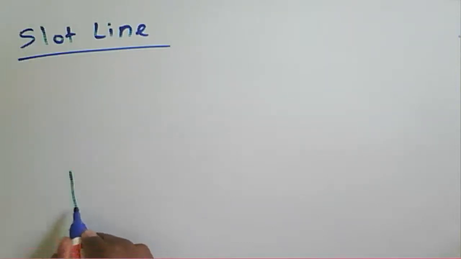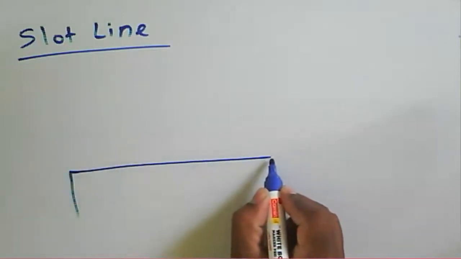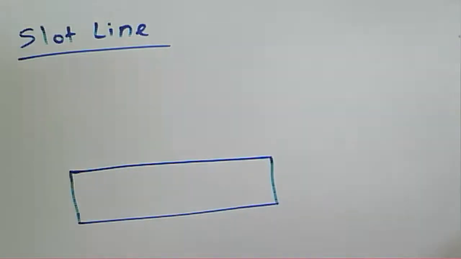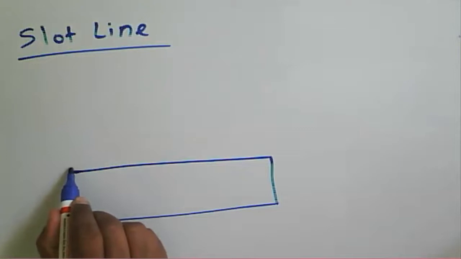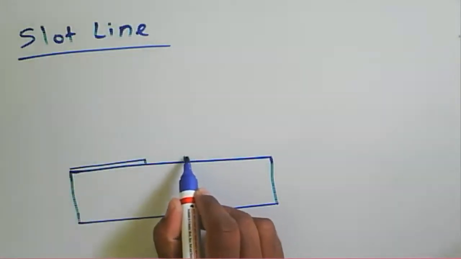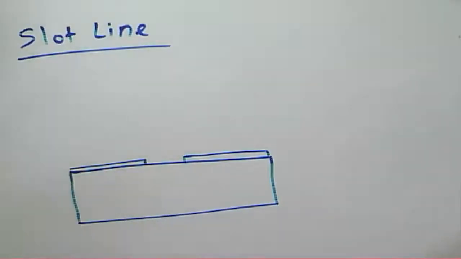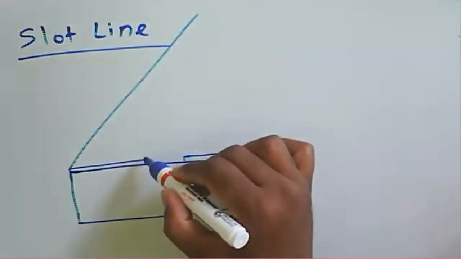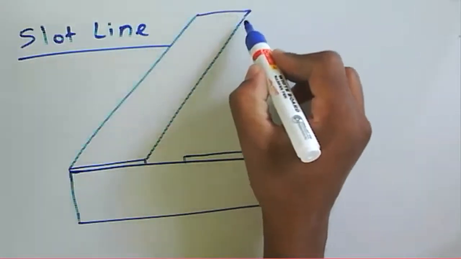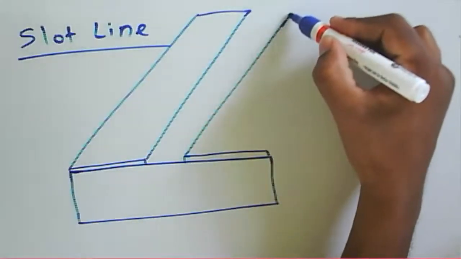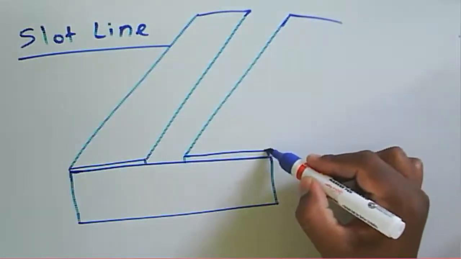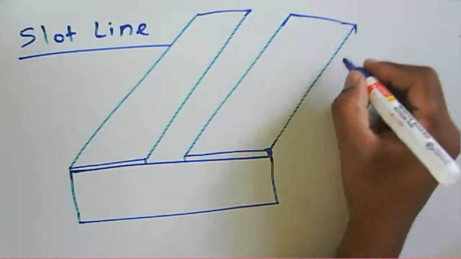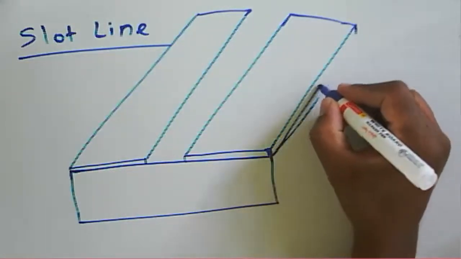In this we have a substrate, and this one is nothing but a slot. This one is a slot line, and here we have a conducting patch.